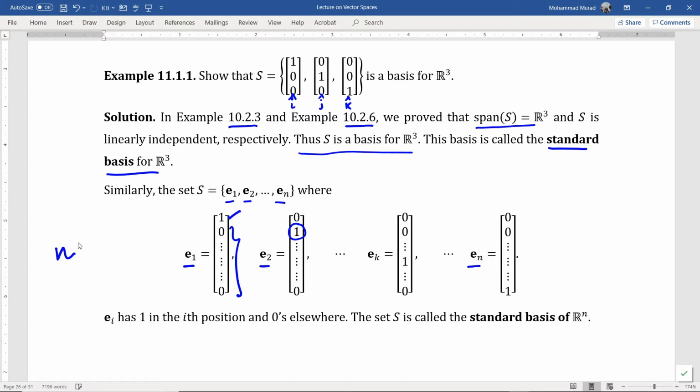The nth vector e sub n has the nth component equal to 1 and the rest of the components are zeros. This set is called the standard basis of the vector space Rn.